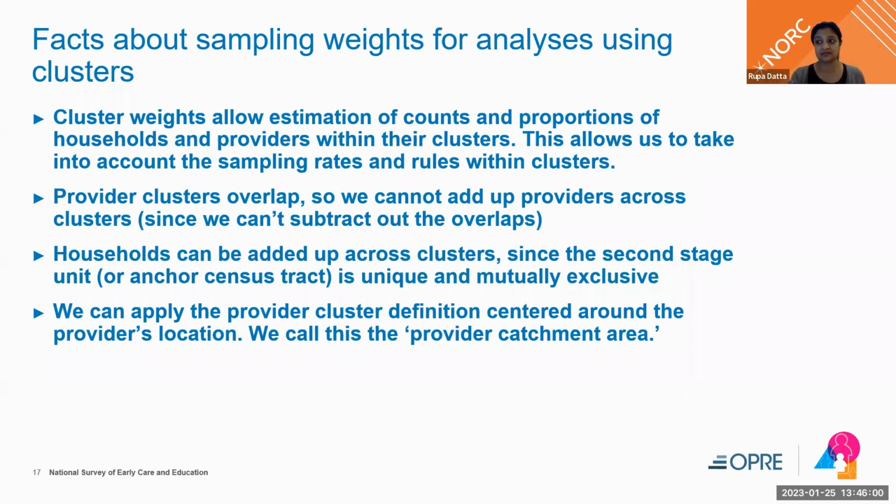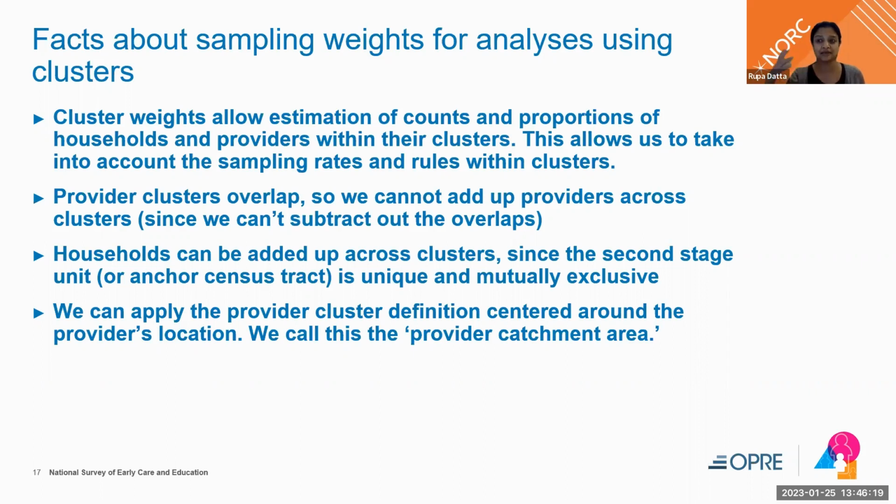As a result, we can't add up the providers across clusters because you would be double counting providers that happen to be located in multiple provider clusters. It's one building, but it happens to fall in multiple provider clusters.